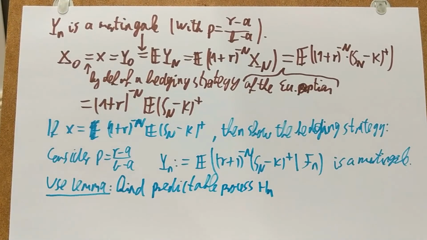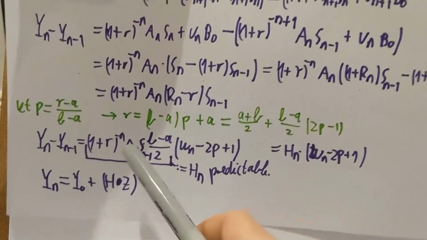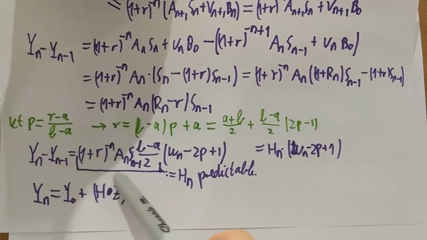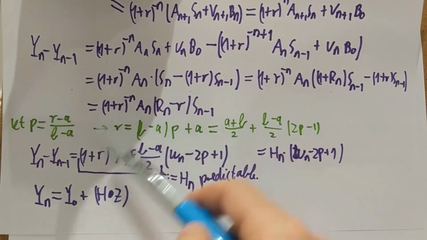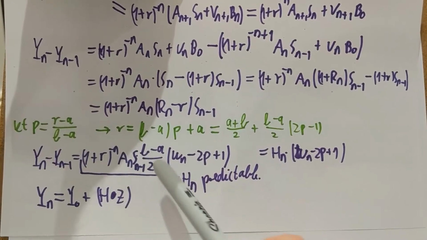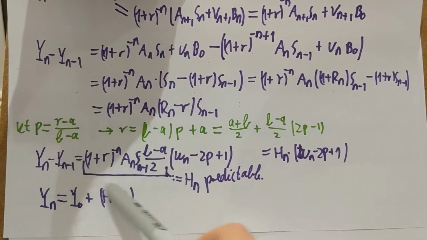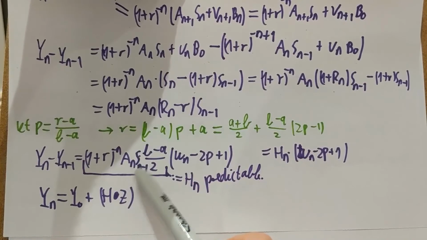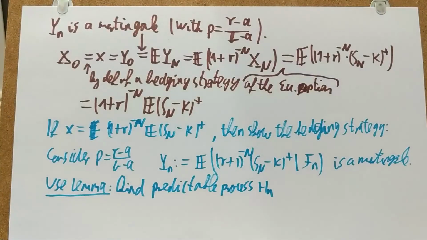Once you have Hn, then you can define, via this formula, your predictable hedging strategy An. Okay, so once Hn is found, you define An by this formula from the previous calculation.